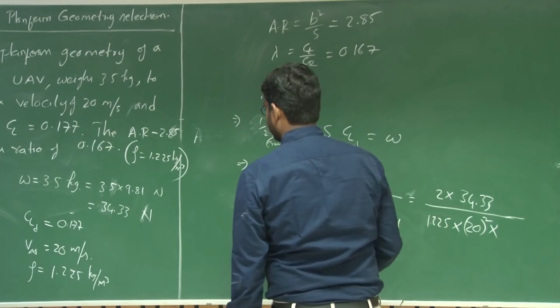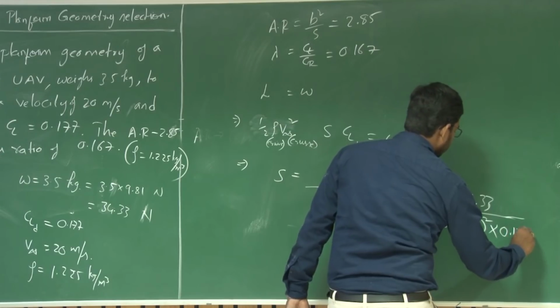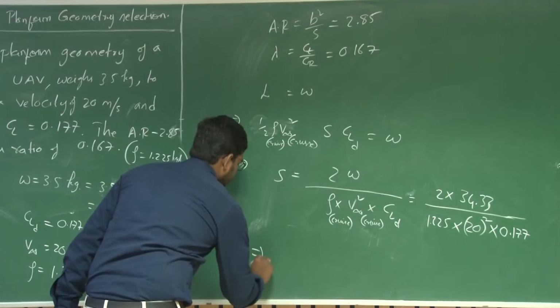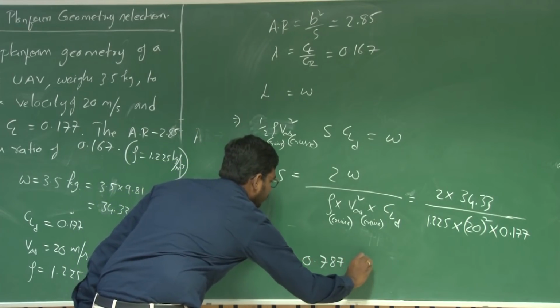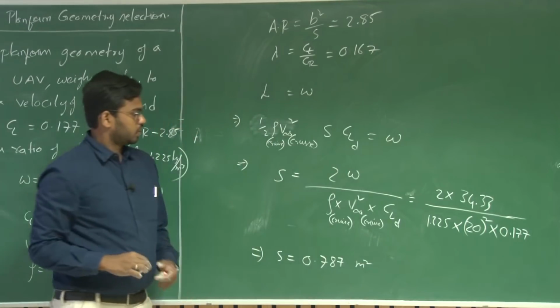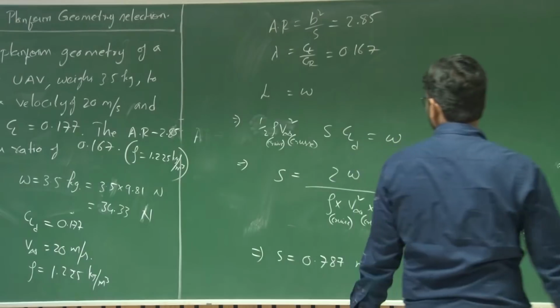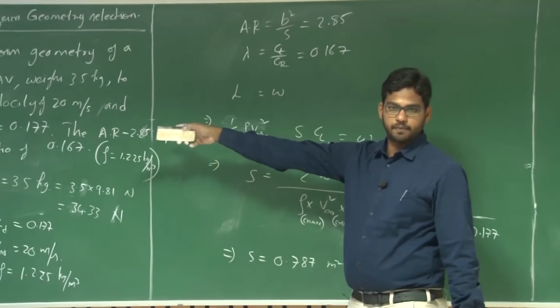What is the design lift coefficient? 0.177. So S is equal to 0.787 meter square.